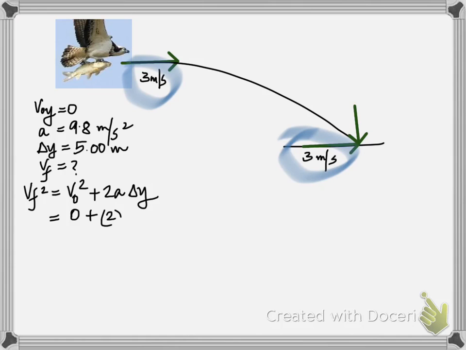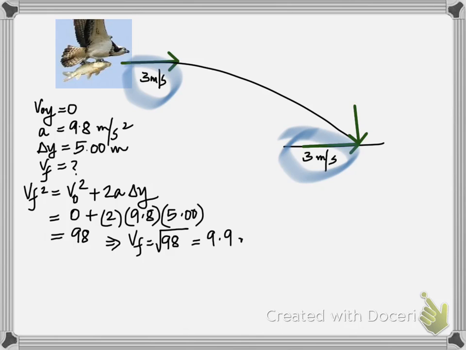Substitute. Remember that you have Vf squared on the left hand side, so you'll have to multiply this and then take the square root of that to get 9.9 meters per second.